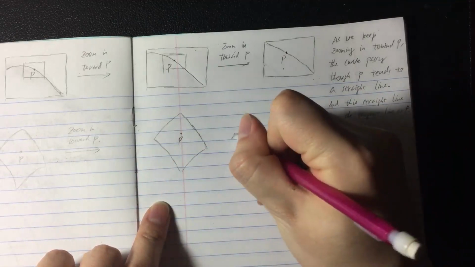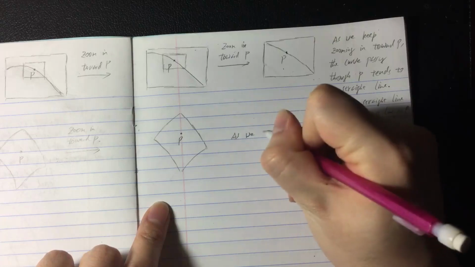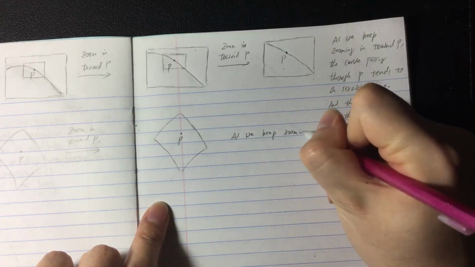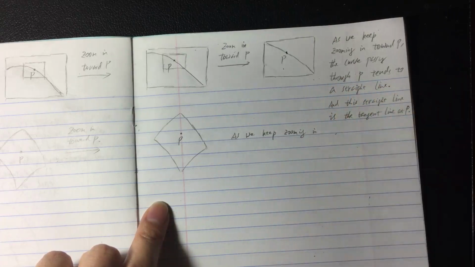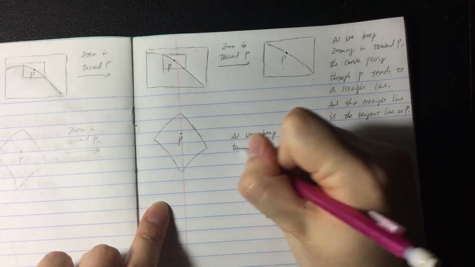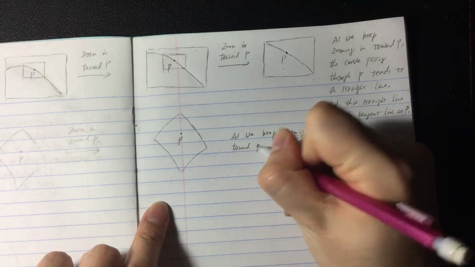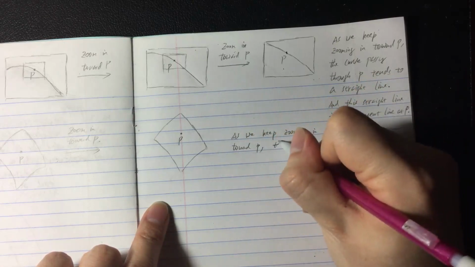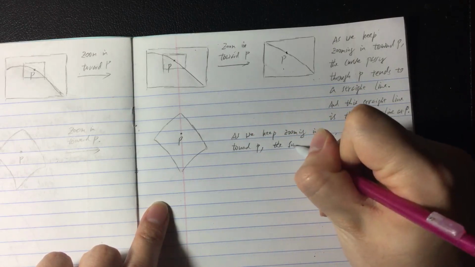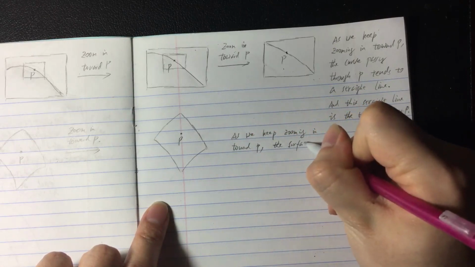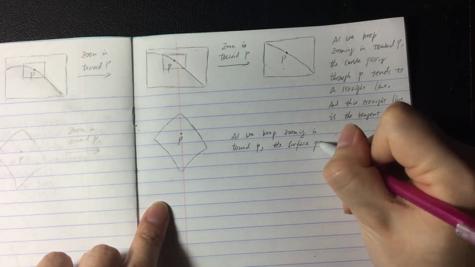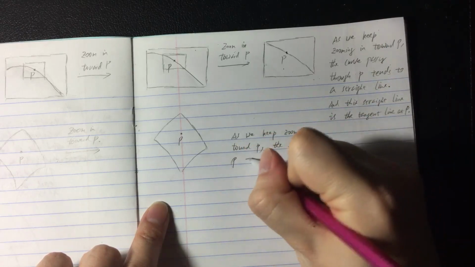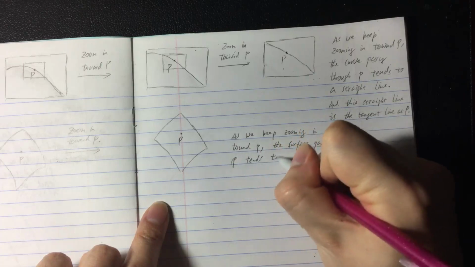So we can see that as we keep zooming in toward point P, the surface passing through P tends to a flat plane.